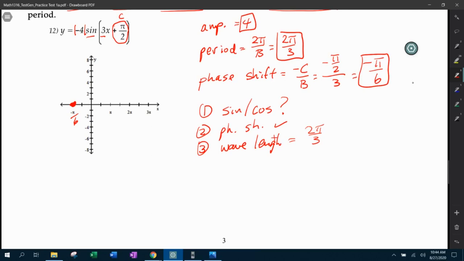And so my question to you is, how many pi over 6ths does it take to make 2 pi over 3? How many sixths of a pi make 2 pi over 3? Well, I think it's 4.